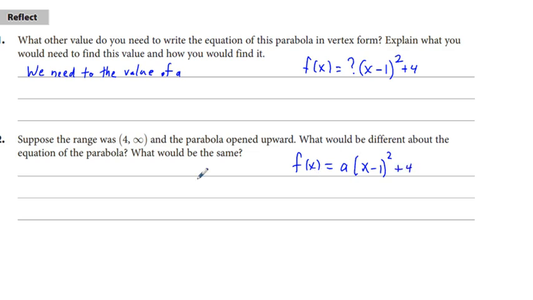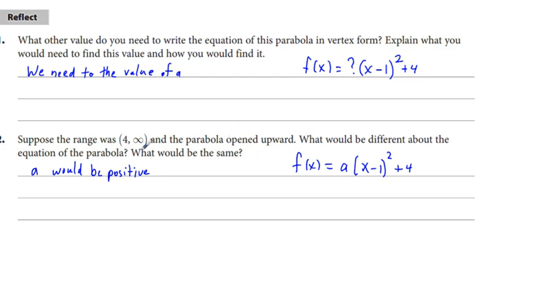So a would be a positive number, and everything else would be more or less the same.